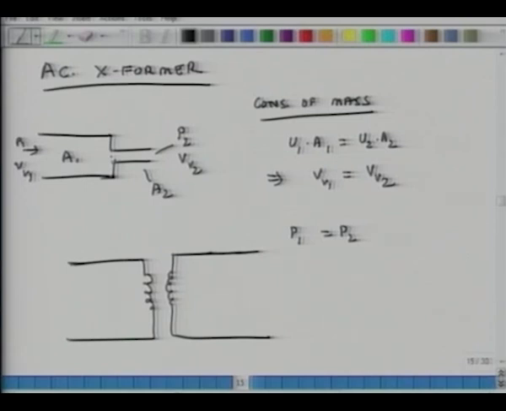Volume velocity 1 is same as volume velocity 2, and P1 is same as P2. The turn ratio is 1:1. So what is changing, step going up or down, is the velocity, but not volume velocity.